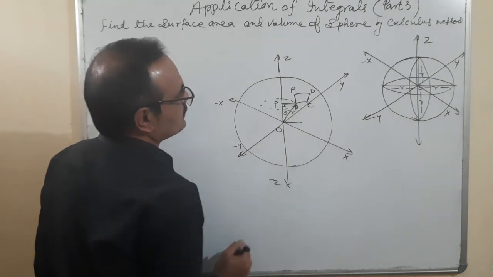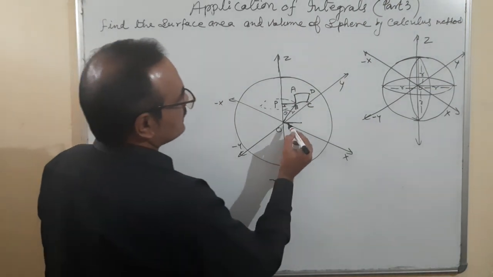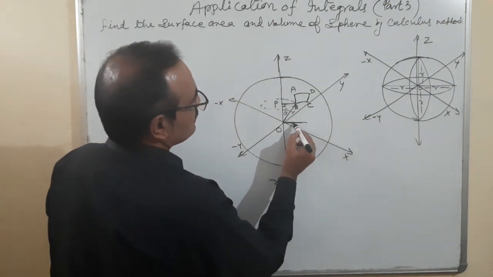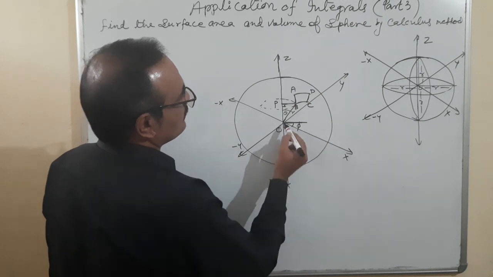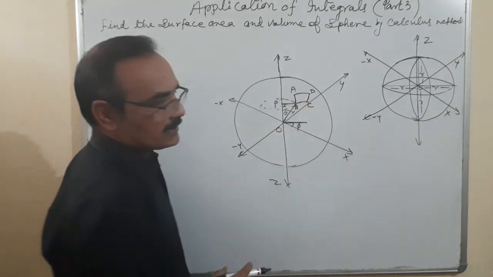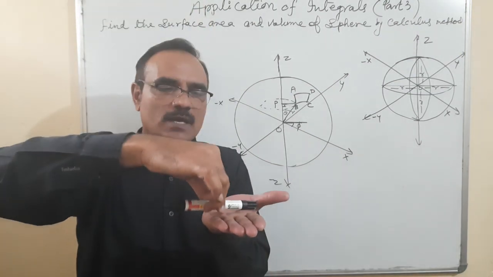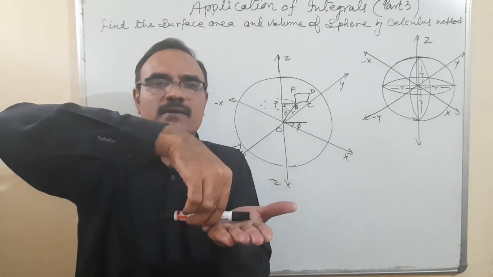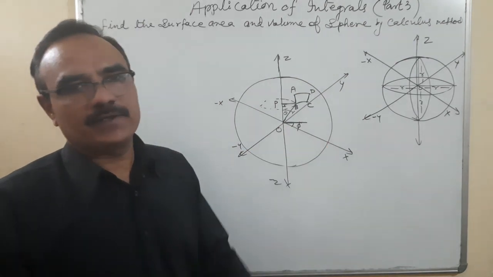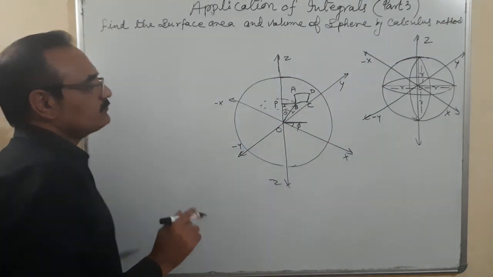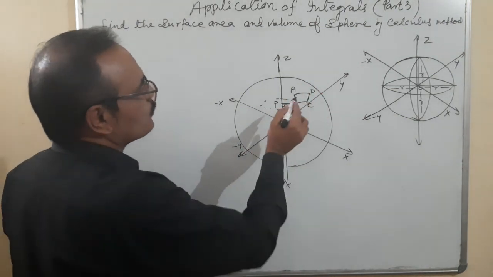This is the same projection which is making, with the X axis, suppose, a 5 degree angle. This PB projection on the XY plane is rotating like that, along the X axis by 5 degrees. So now we are trying to find the area of this small portion ABCD.